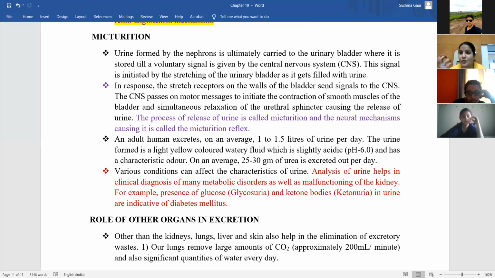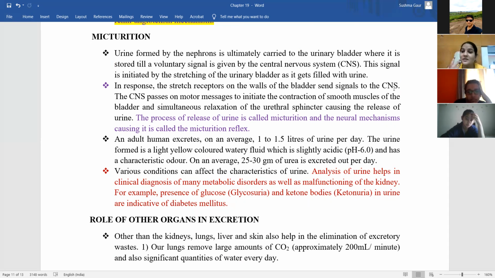It's a stretching type of feeling. We can feel that it is very heavy, or like something is stretching. That's a signal given by the central nervous system that now you should go for urination. So the stretch receptors on the walls of the bladder send signals to the central nervous system. First, a signal is sent by the central nervous system to the urinary bladder, so it starts stretching.